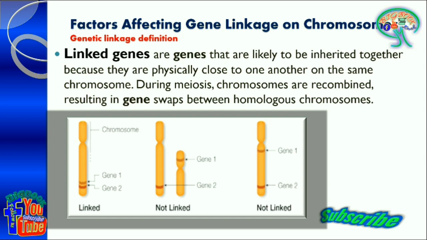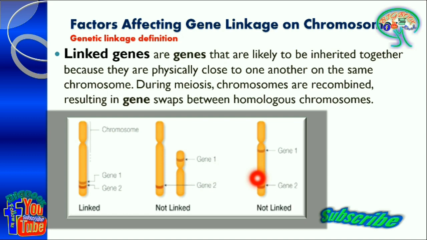Now here, consider the characters that will be present on those chromosomes. In this picture you can see that genes are present on the chromosomes. In the first one you can see two genes located near each other, and in the next one the two genes are located on two different chromosomes, which are not linked.